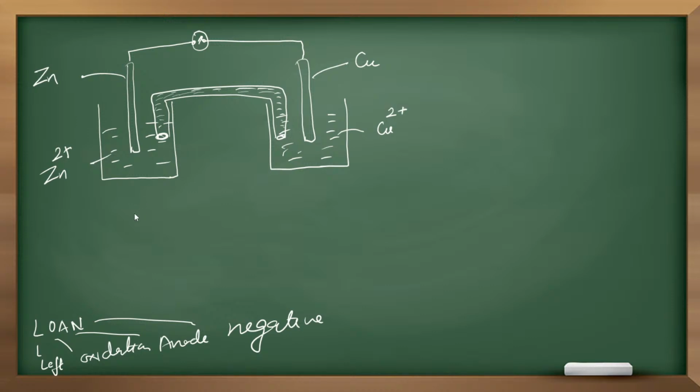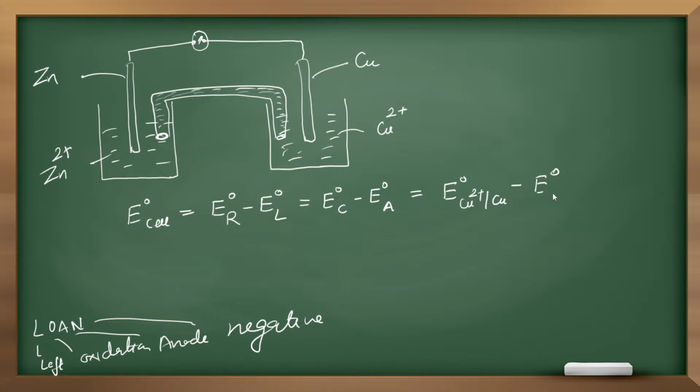Okay, so to calculate, E naught cell is equal to E naught right minus E naught left, or E naught cathode minus E naught anode. Like here, cathode is copper and anode is zinc, the standard reduction potential of each.